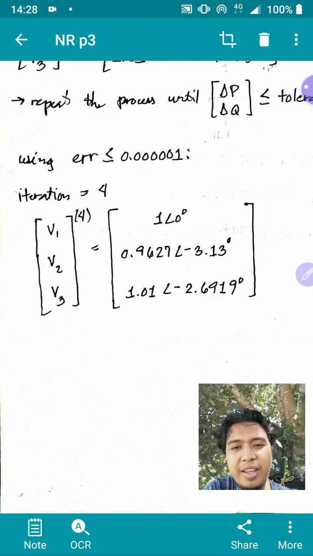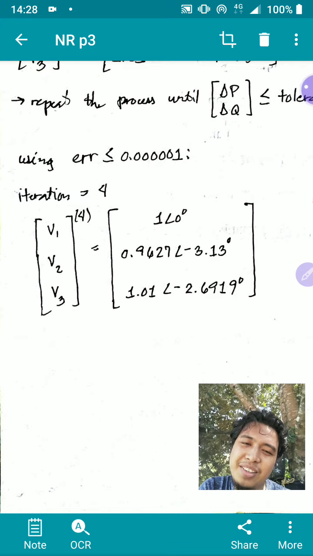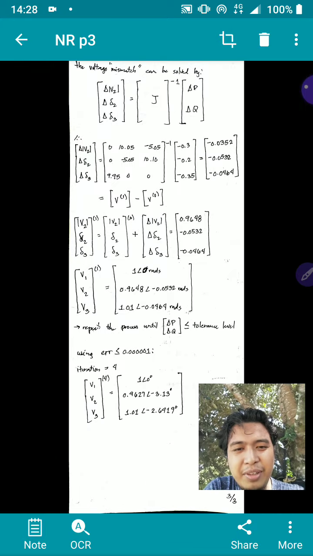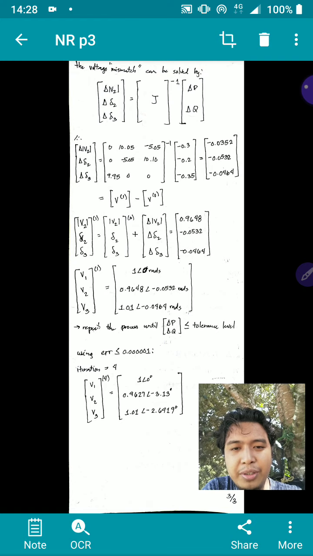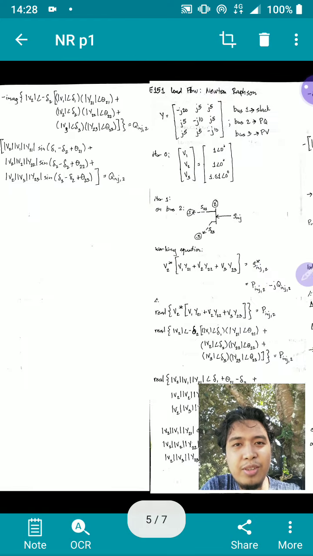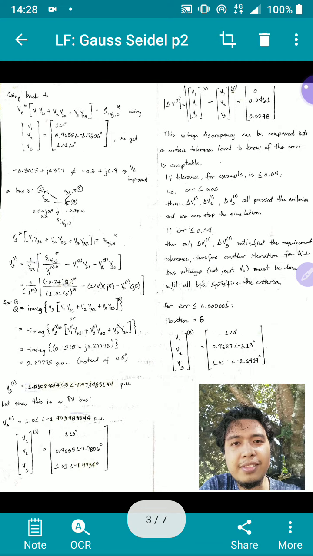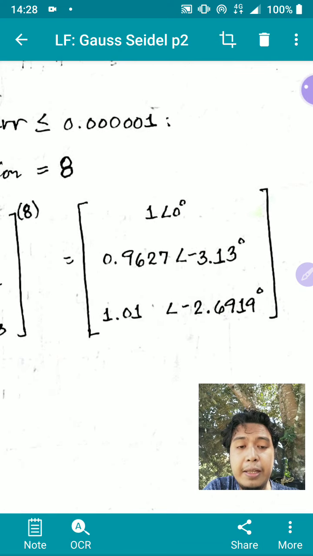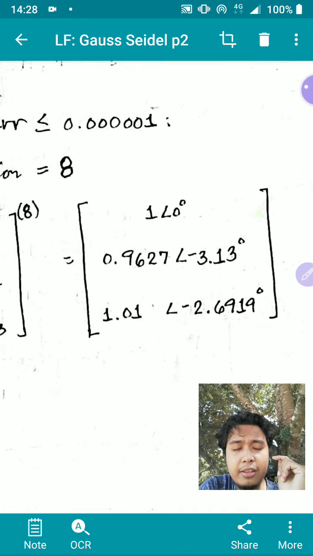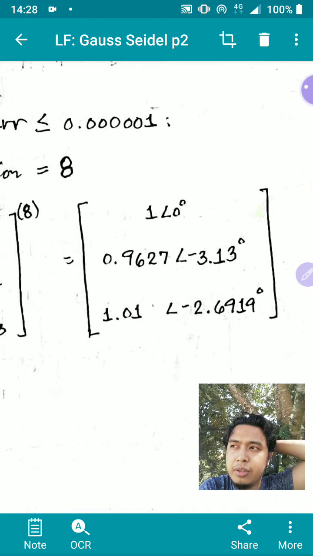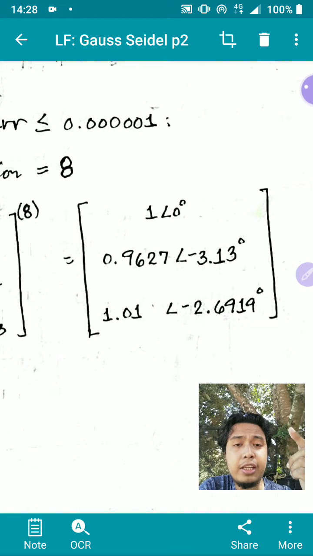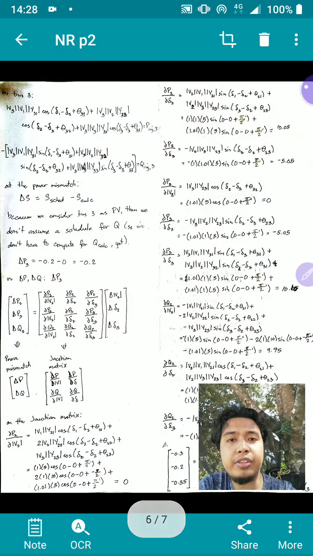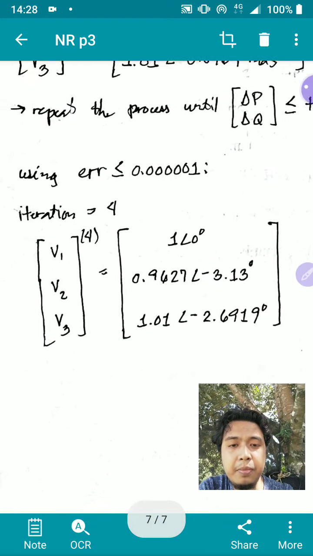What's interesting here is that with this much error, the result of the Newton Raphson is almost the same as the result of the Gauss-Seidel. The difference is that for Gauss-Seidel you'll reach this solution after 8 iterations. For Newton Raphson, you'll reach this solution after 4 iterations.